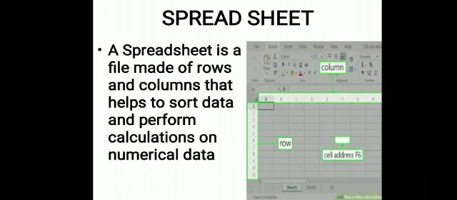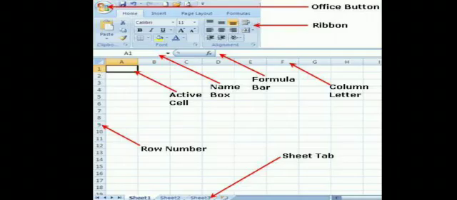So this is a cell address, also called the active cell, because the cell is active. So a spreadsheet is a collection of rows and columns holding data to perform calculations. Okay, children, spreadsheets are used for mathematical formulas and calculations.